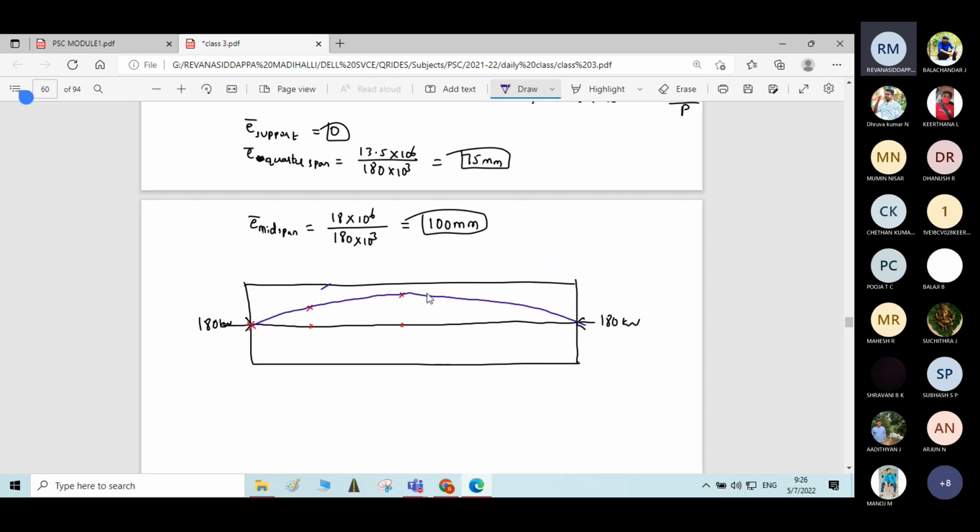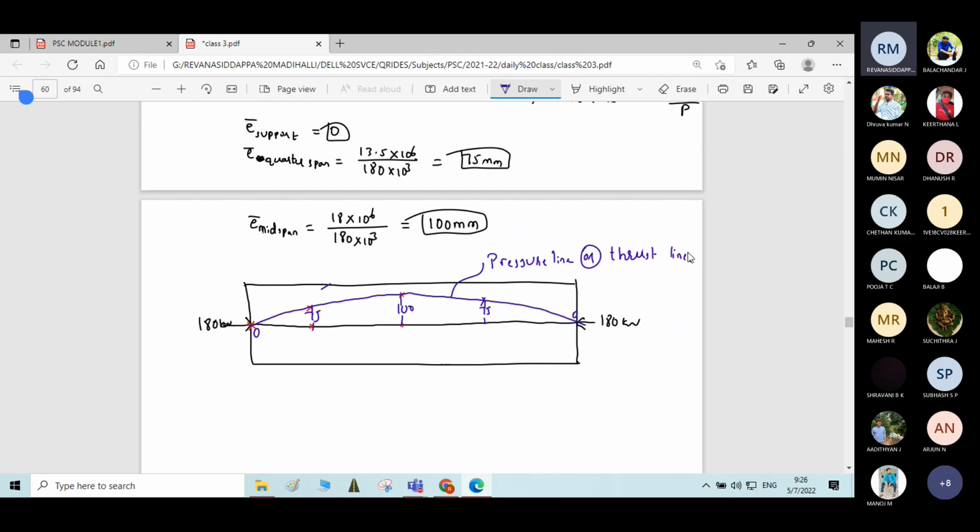So here the eccentricity is 0, here it is 75, here it is 100, and here again 75 and 0. Okay, this is the pressure line or thrust line.